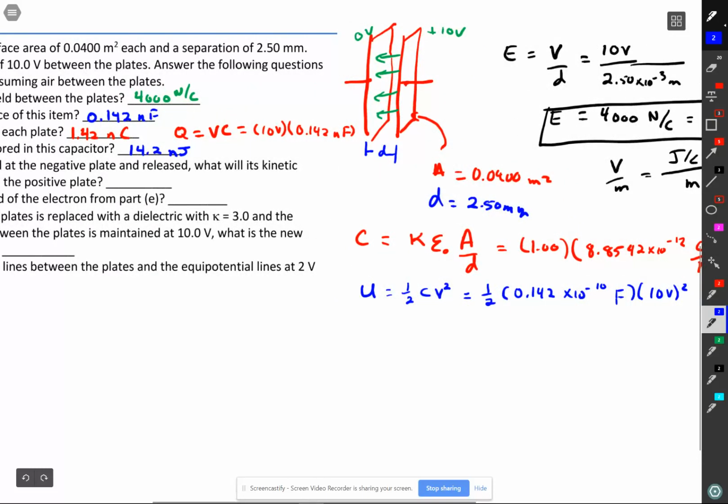Oh wait, I forgot to divide by 2. 14.2 divided by 2 would be 7.1, right? I have 3 significant digits here, though, so 7.1 isn't going to cut the mustard. It's 7.08 nanojoules.